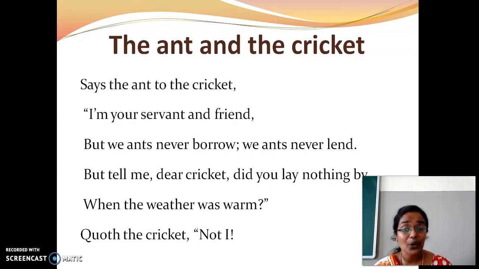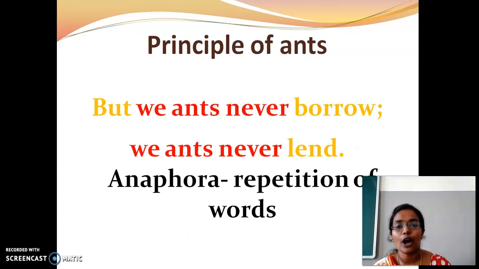And he asked a question to the cricket. What is the question he is asking? Dear cricket, don't you save anything during the warm season? The cricket said, not I. This is the reply given by the cricket, the poor cricket who has nothing to eat. And again I have told you about the principle of ants.